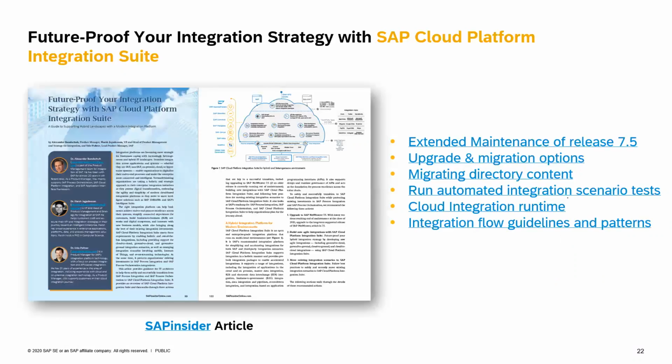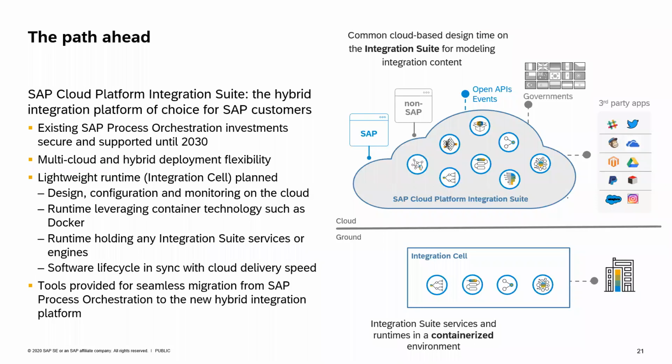Thanks, Arti. Please go on. Yeah. So what I also wanted to call out is what we are looking at in the future from PIPO perspective. We are looking at providing a lightweight runtime, what we call the integration cell, right?